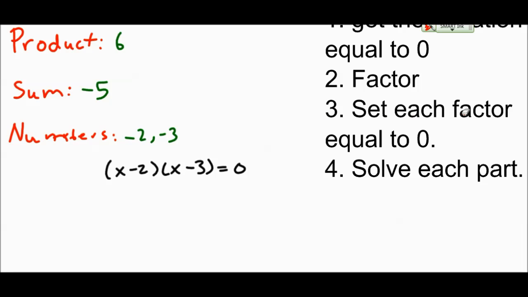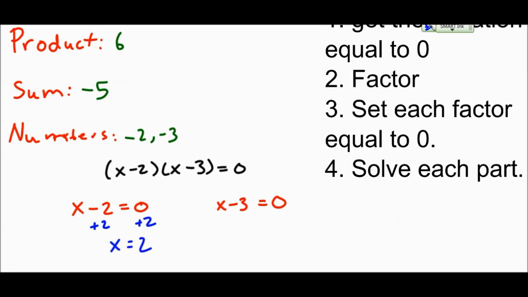Step 3, what I'm going to do is set each factor equal to 0. So again, using the zero product property, since this whole thing multiplies to be 0, that means either x minus 2 equals 0 or x minus 3 equals 0. And hopefully, if you're watching this, you know how to solve this already.